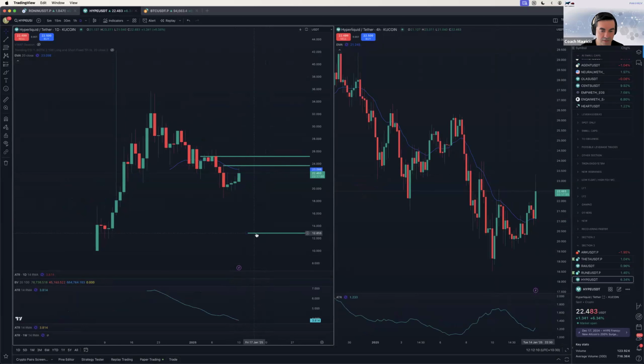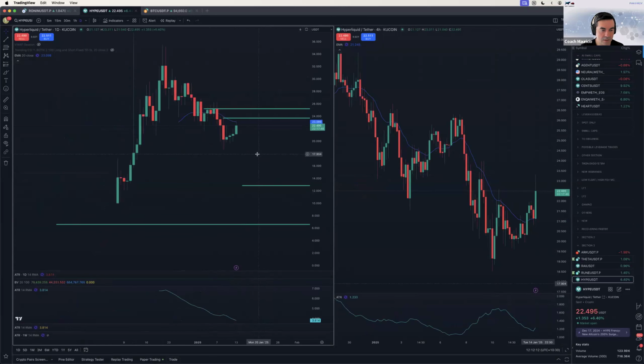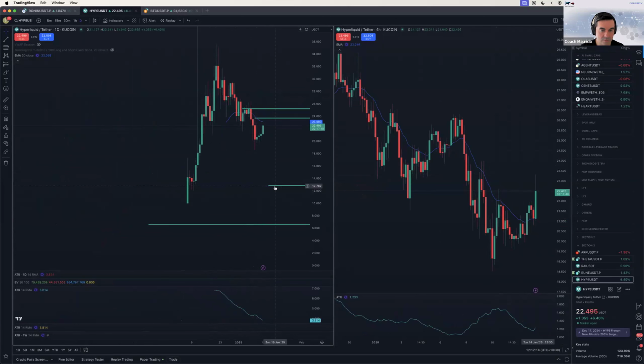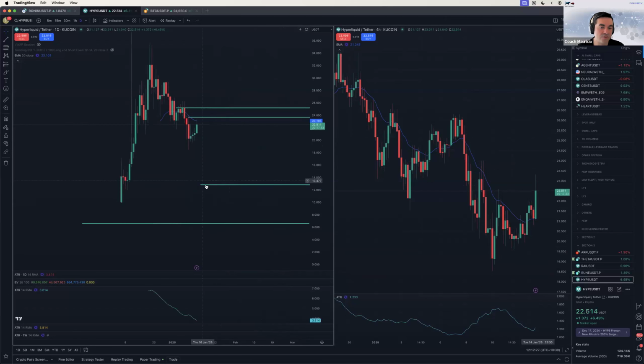Initially we bought at around 6, then we bought more at 25, then more at 23-something. So our average is around 12, so it looks pretty good.